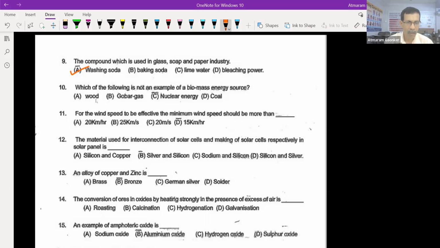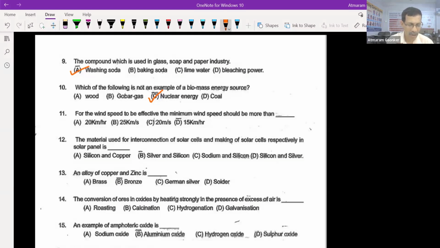Wood comes from plants, gobar gas comes from animals, and coal also comes from remains of plants and animals. So the only option remaining is nuclear energy. This is not an example of a biomass energy source.